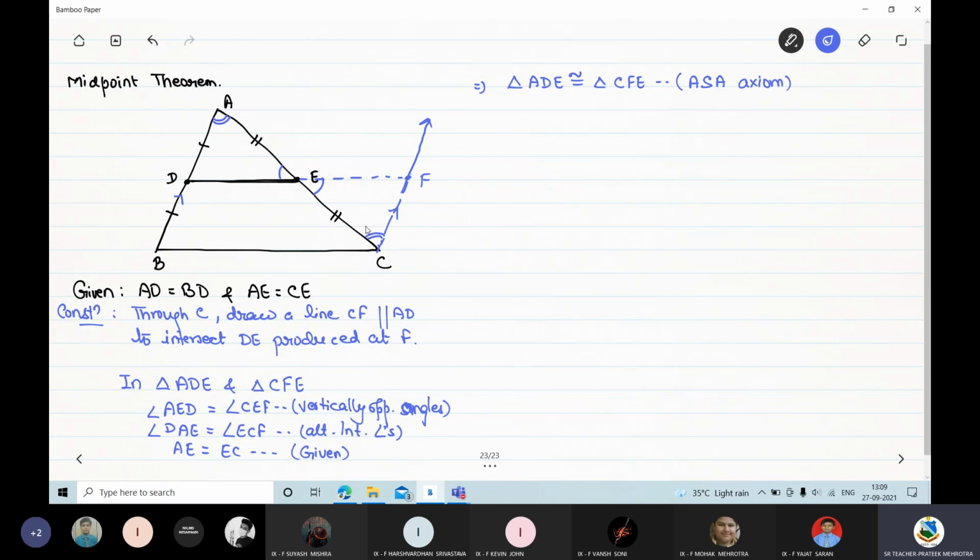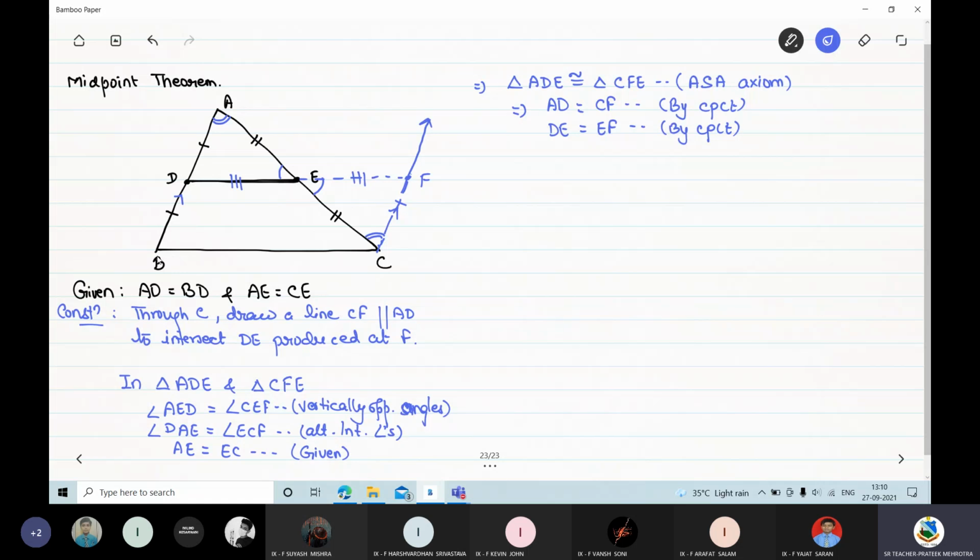There are two angles and the side between them. This further tells me that AD will be equal to CF. This is by CPCT. It also tells me that DE will also be equal to EF, again by CPCT. I hope this is clear, children. Yes, sir.